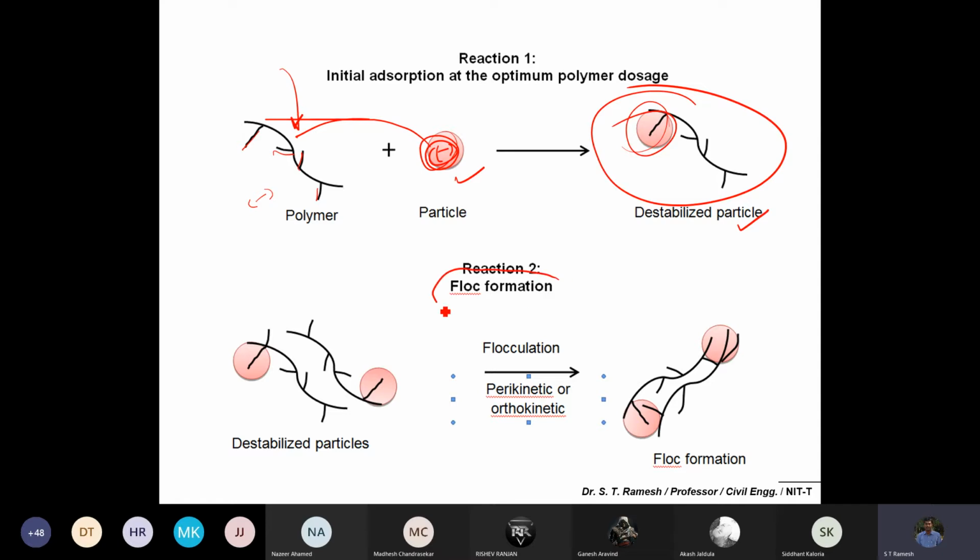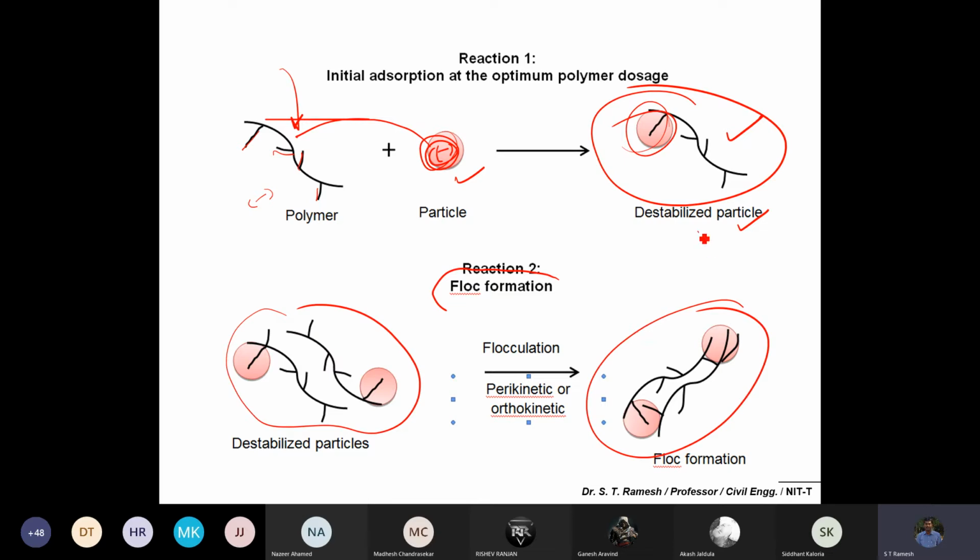Imagine two different particles of this nature meet each other. There could be an attachment like this. The second reaction is flock formation.